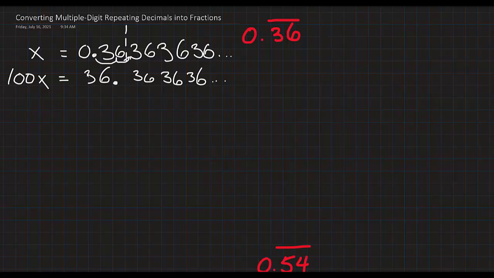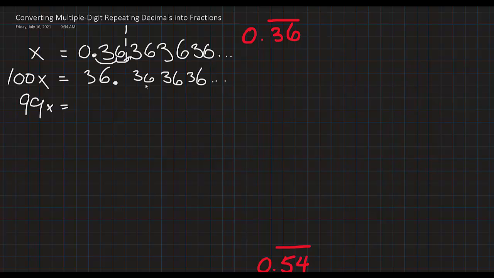So what I'm going to do now is subtract 1x from both sides. Over here, there's 100x, and I subtract 1x, so we get 99x on the left side. On the right side, we do this whole thing minus this part. Well, you might think, it keeps going on forever, there's no way we can do the subtraction.